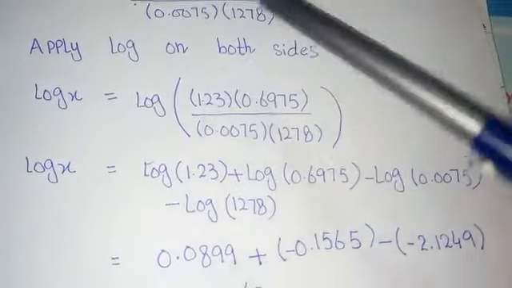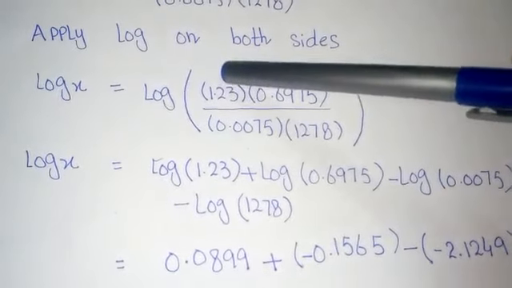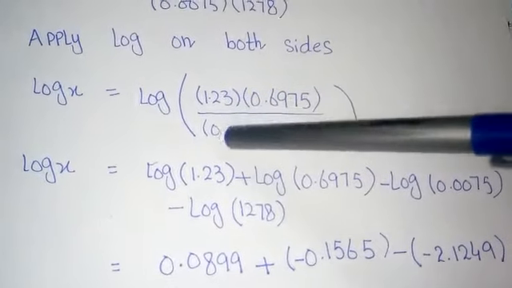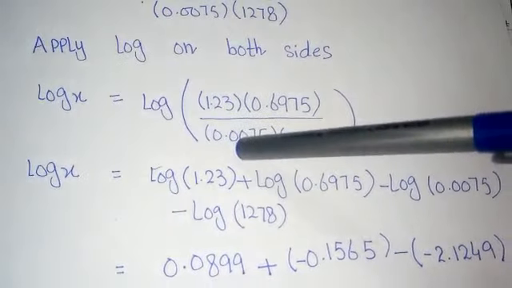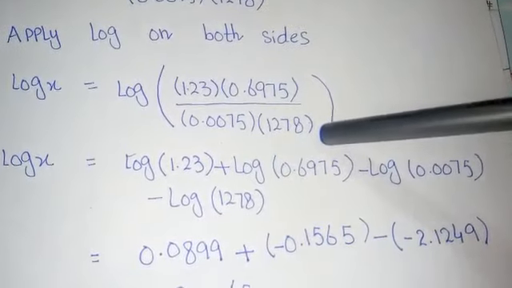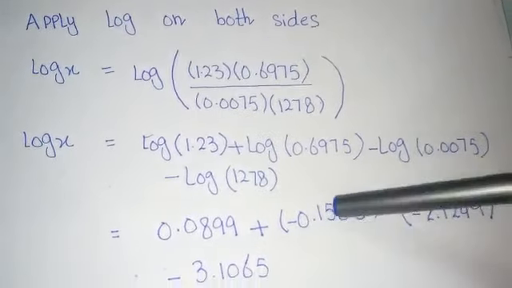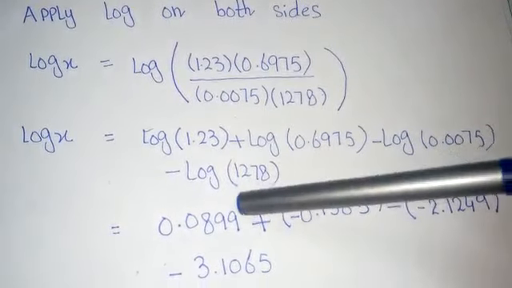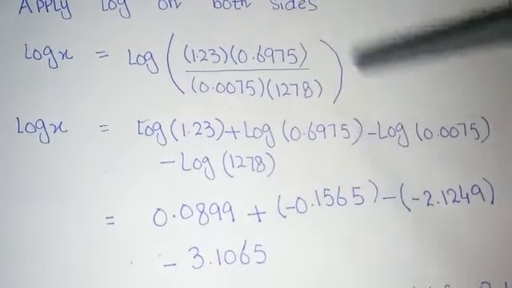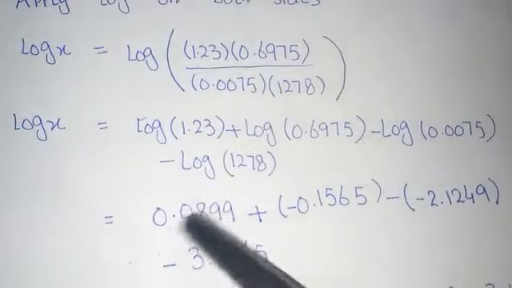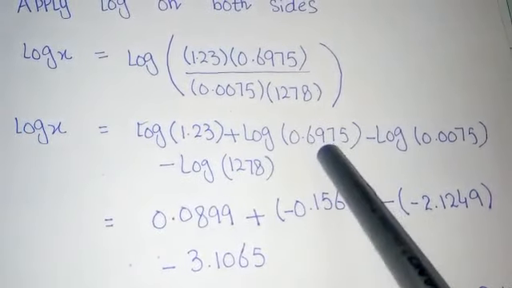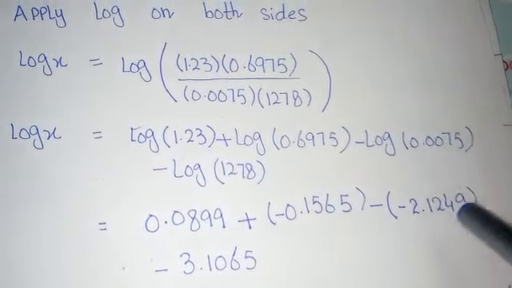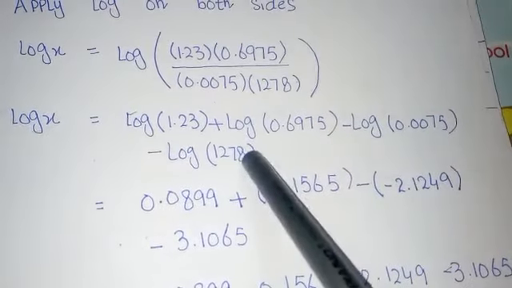So it becomes log of 1.23 plus log of 0.6975 minus log of 0.0075 minus log of 1278. Clear? Now with the help of a calculator you will find the log of all these four numbers. Log of 1.23 is this, log of 0.6975 is this, log of 0.0075 is this, and log of 1278 is this.